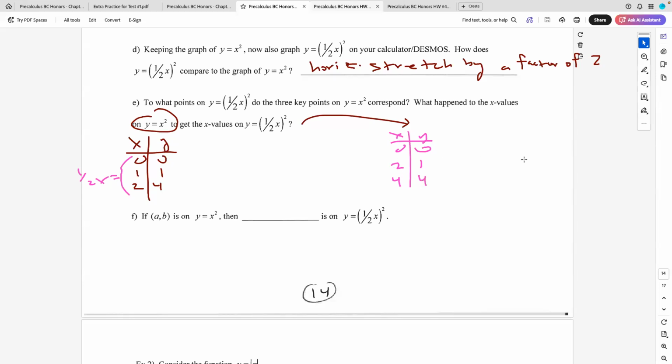So what it's going to do to the graph is expand it in this direction, whereas originally it's kind of more like this.